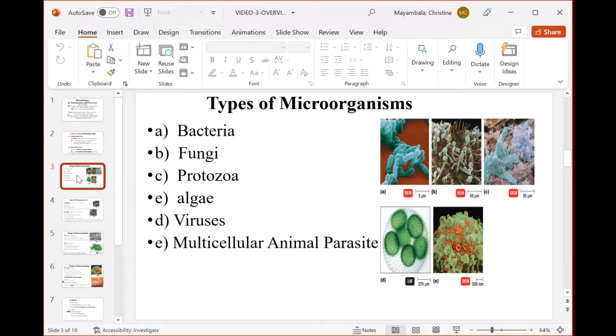Of course, we have the bacteria, fungi, protozoa, algae, viruses, and multicellular parasites. Now, I'll make a comment about algae. Most of the algae are really not going to fall under pathogenic organisms, but I'll get into that in the next few slides.